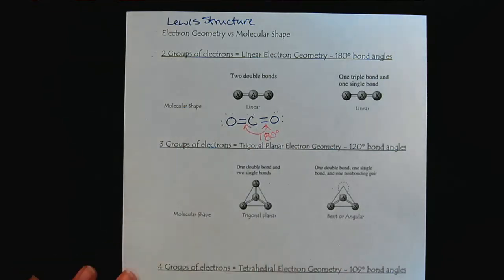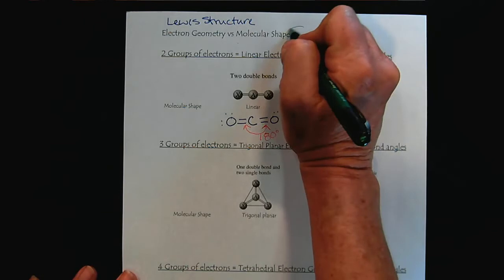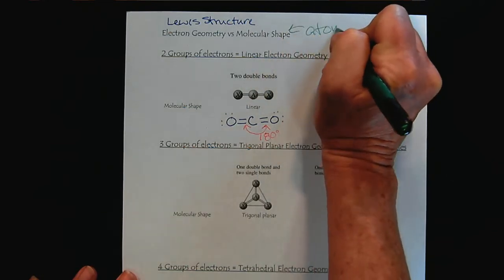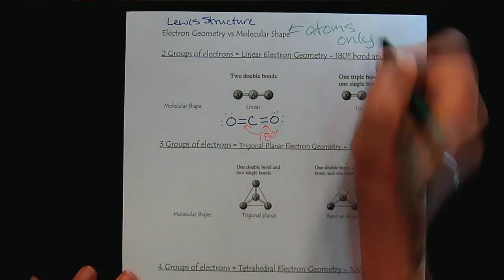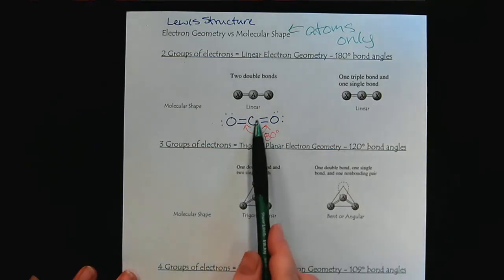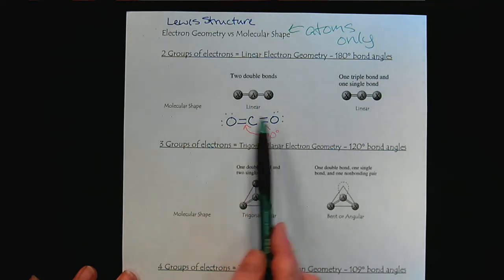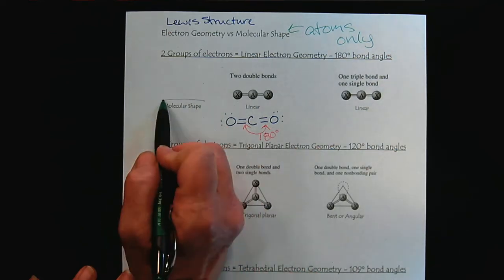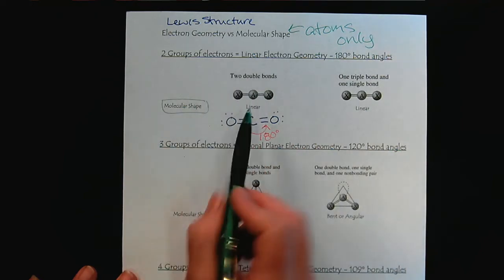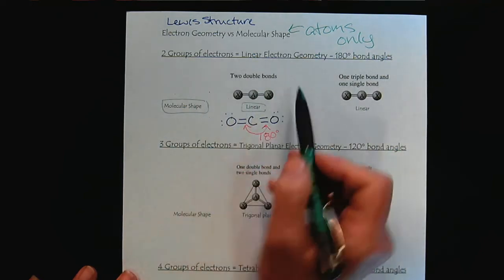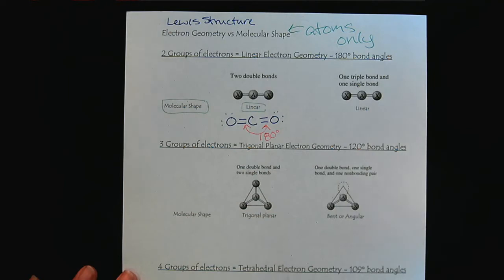When we're talking about molecular shape, now we're looking only at atoms. If we look at the atoms, the carbon and the two oxygens, we see that they're all forming a line. So the molecular shape is the same, linear, as the electron geometry. That's what makes this one the simplest.